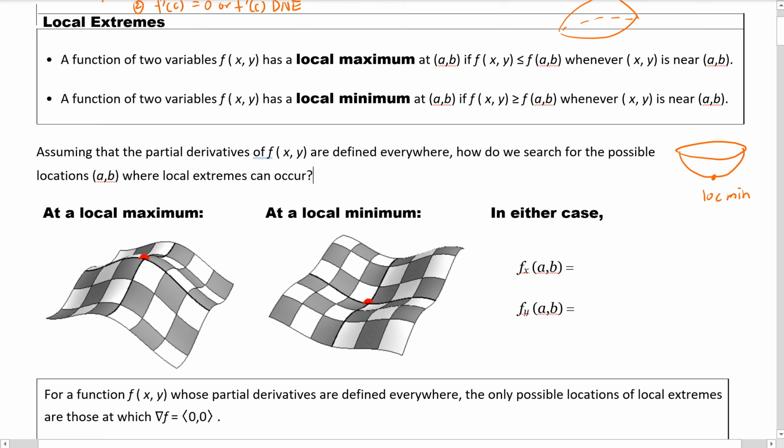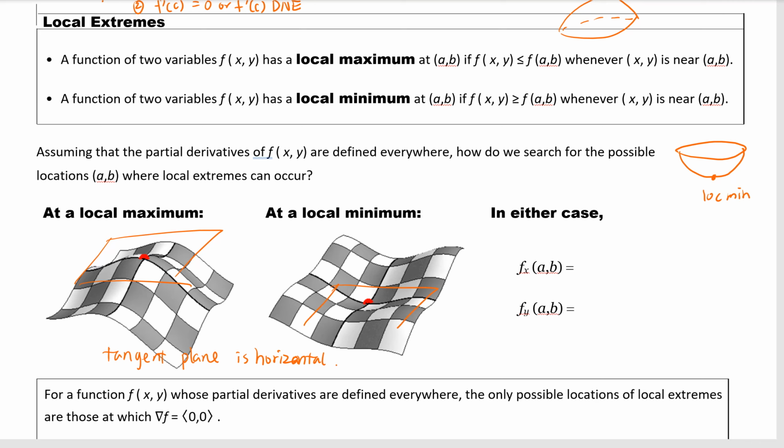At a local maximum, if we suppose the partial derivatives are defined everywhere and continuous, then what can you say? Can you see the tangent plane is horizontal? Horizontal.